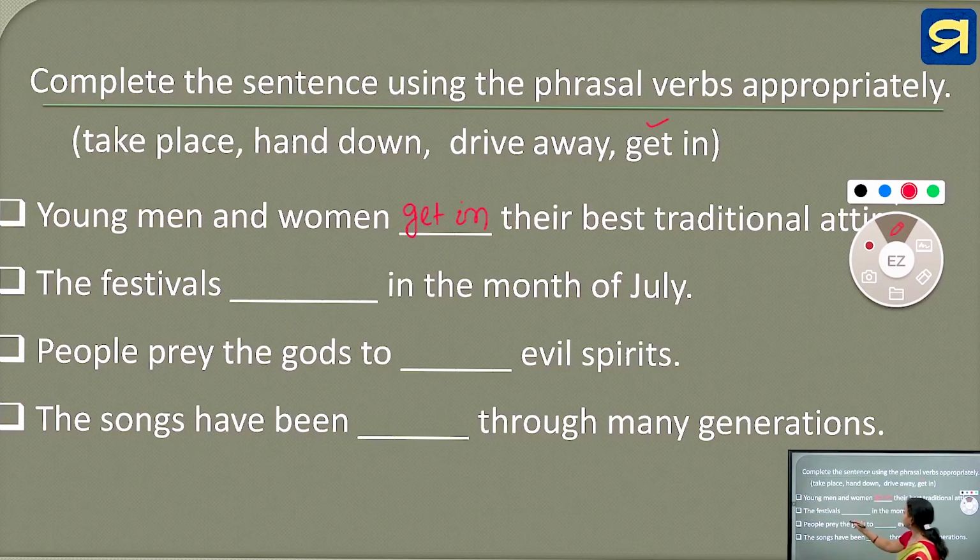Next children, the festivals dash in the month of July. Very good. Take place. Children, next, people pray the gods to dash evil spirits. Very good. Drive away.